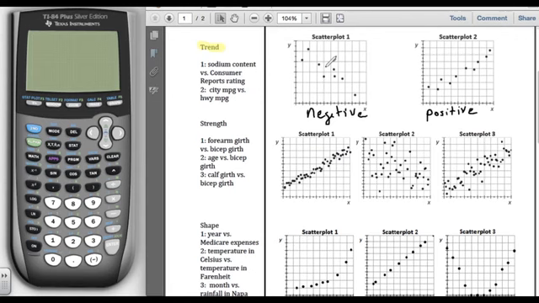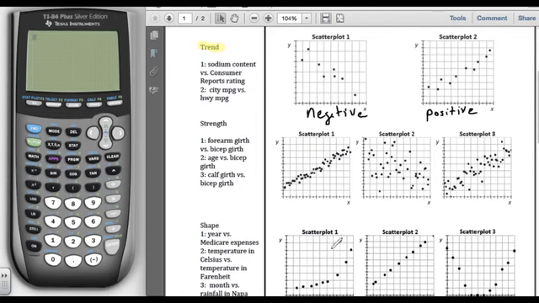Another way we'll describe scatter plots is with strength. In this class, we'll describe a relationship in a scatter plot as either strong or moderate or weak. And these three scatter plots display each of those. We have a strong relationship, a moderate relationship, and a weak relationship.